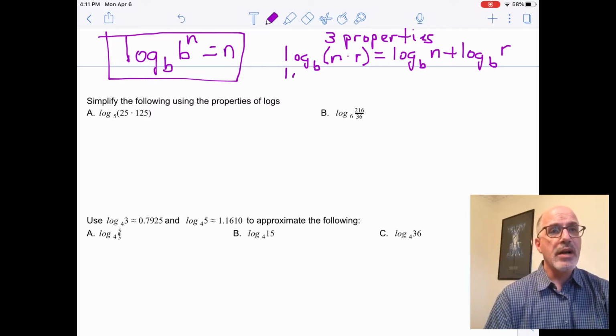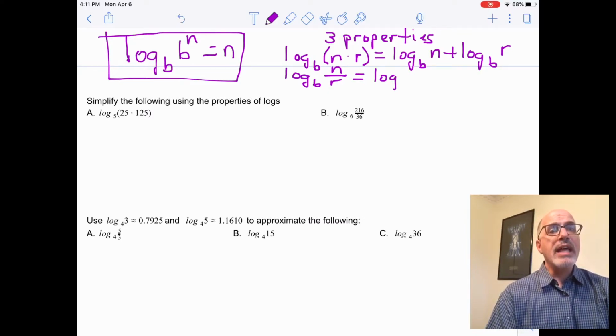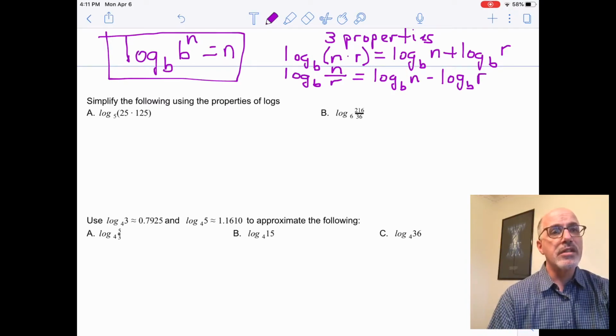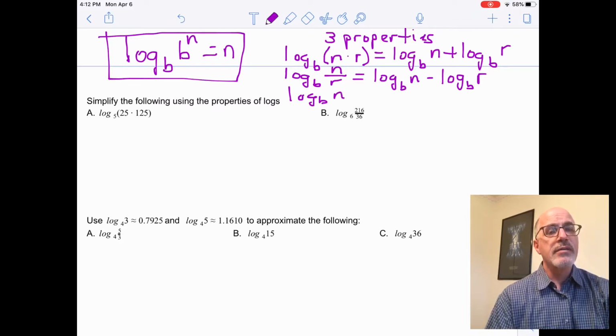So separate it out into two different logarithms added together. Now if we have division, n divided by r inside the logarithm, that can be separated instead into log base b of the numerator n minus log base b of the denominator r. That's where we're subtracting exponents in our exponent rules.